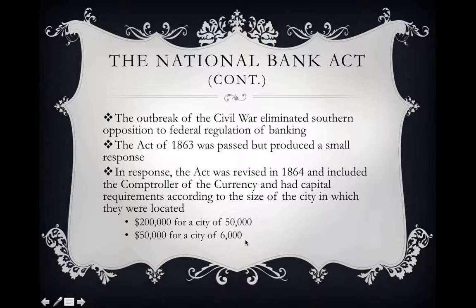All right, so it changed the capitalization requirements to make it easier for these national banks to start up in smaller cities. So initially there was one level of capitalization for all national banks, but this was altered to a sliding scale to try to accommodate the creation of national banks in smaller cities.